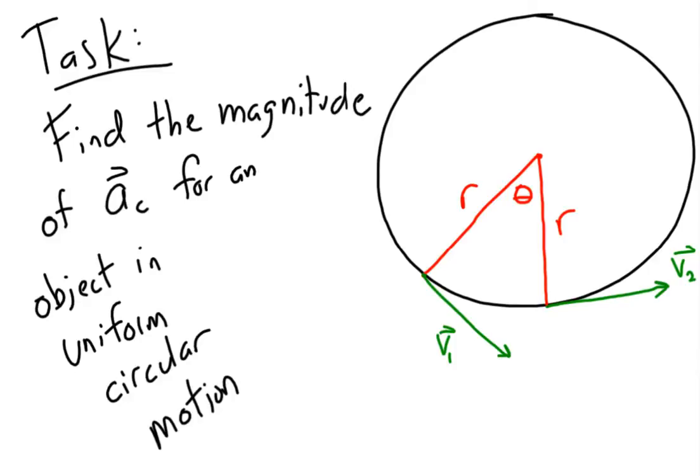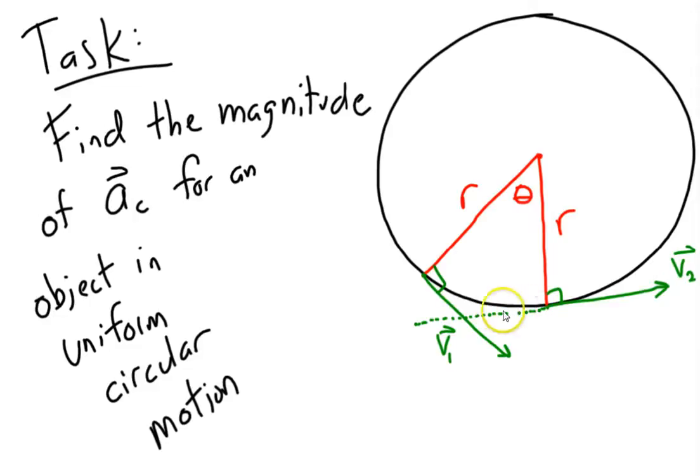So the object would have velocity vector v1, which is tangent to the circle, or perpendicular rather to the radius, and velocity vector v2 at this point, once again perpendicular to the radius. We're going to do a couple of things here to actually find out what the centripetal acceleration is. Some of these things may not seem obvious, but this is how we get there.